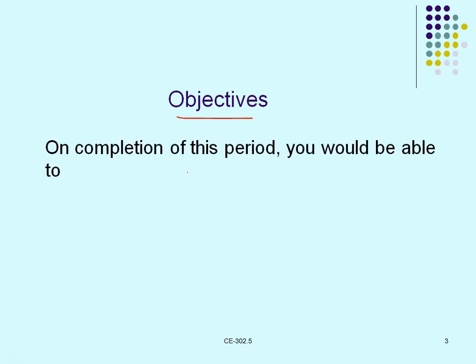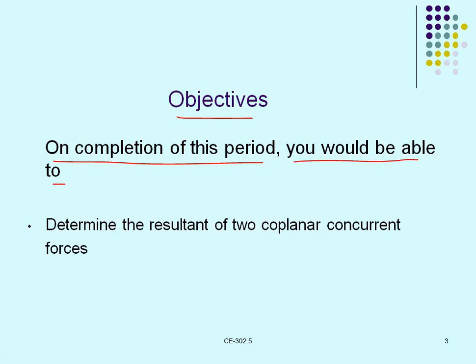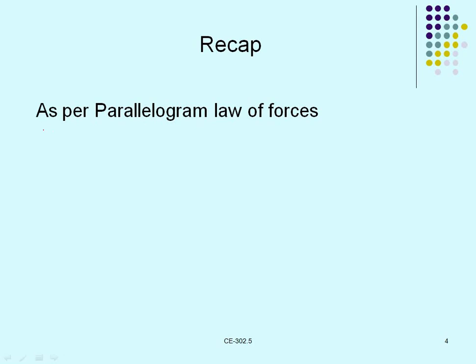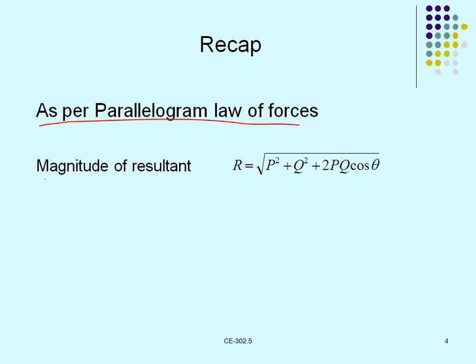Objectives: on completion of this period, you would be able to determine the resultant of two coplanar concurrent forces. As per the parallelogram law of forces, the magnitude of resultant R is equal to root of P square plus Q square plus 2PQ cos theta.